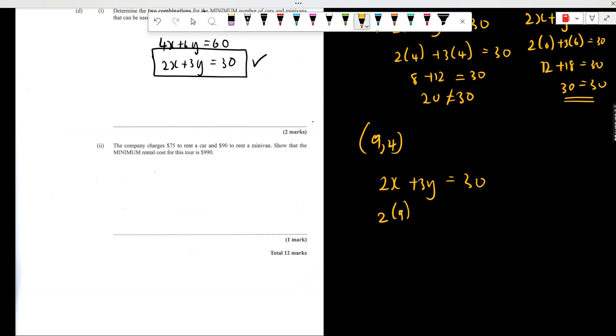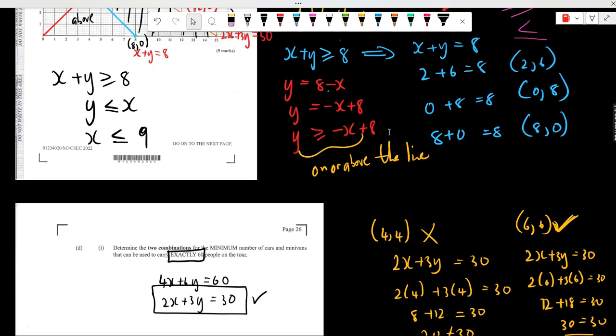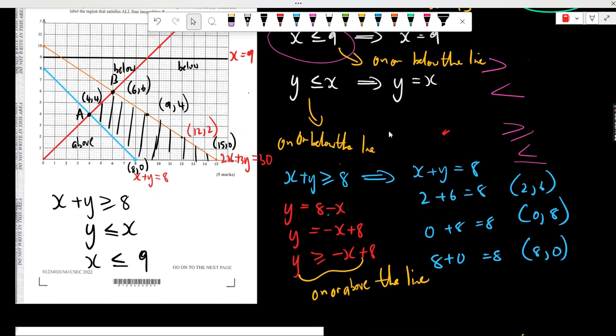So 2 times 9 plus 3 times 4 is equal to 30. We have 18 plus 12 is equal to 30. So 30 equals 30. So it does satisfy the condition, but is it minimum? Is it minimum? Sir, I think so, sir.